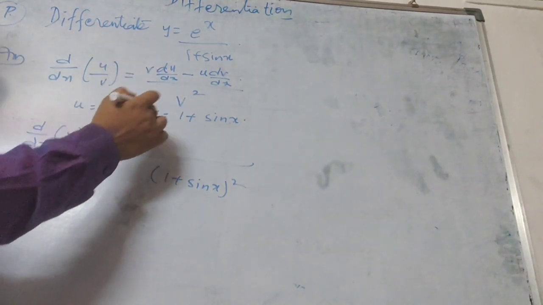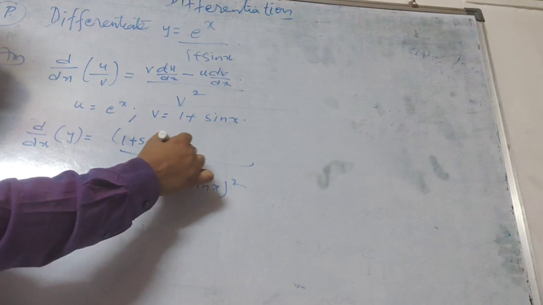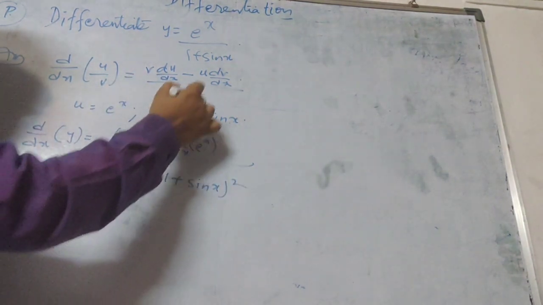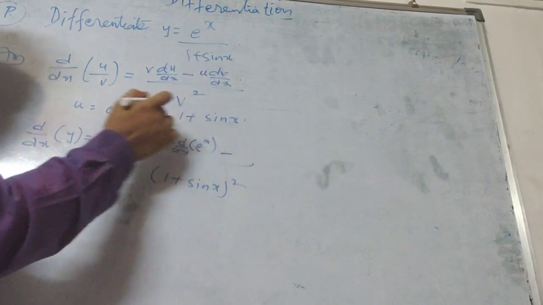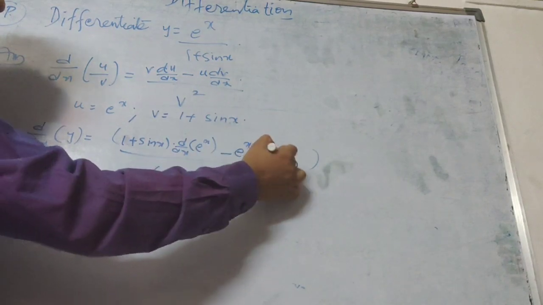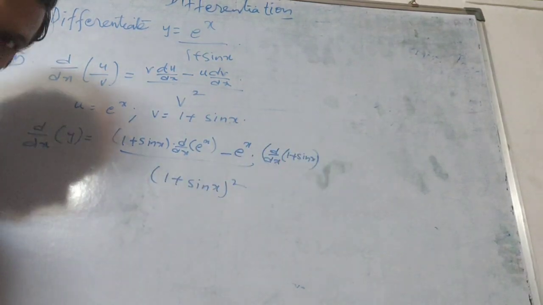Next, v will be 1 plus sin x into d by dx of u, which is e power x, minus u, e power x, into d by dx of 1 plus sin x.